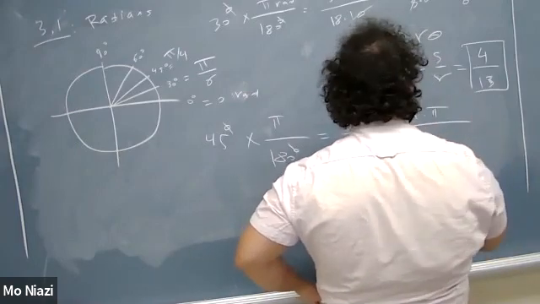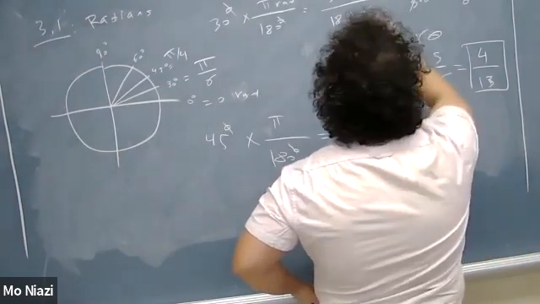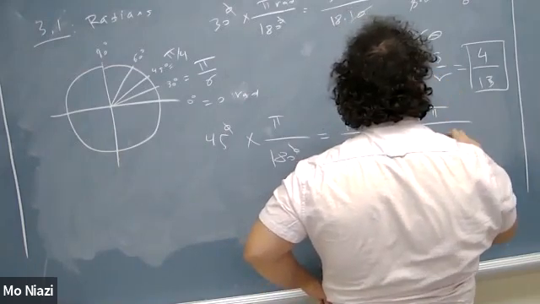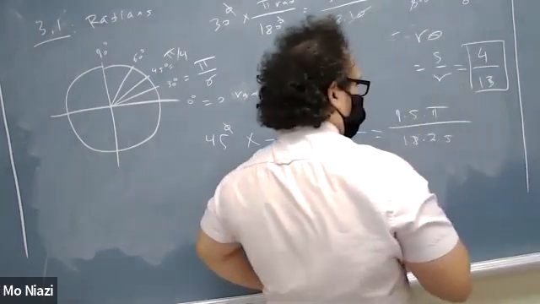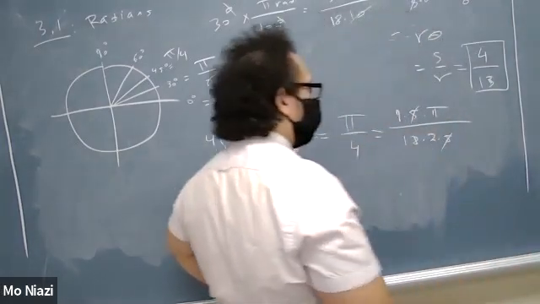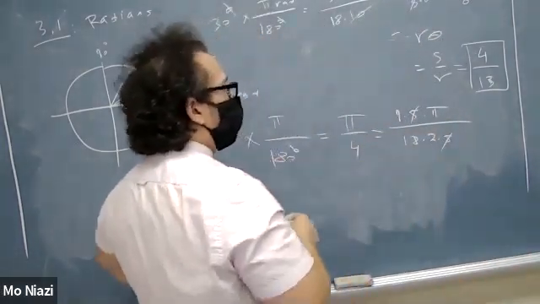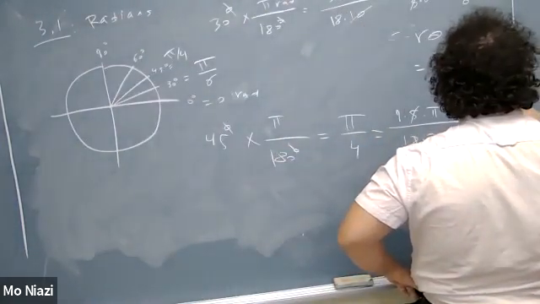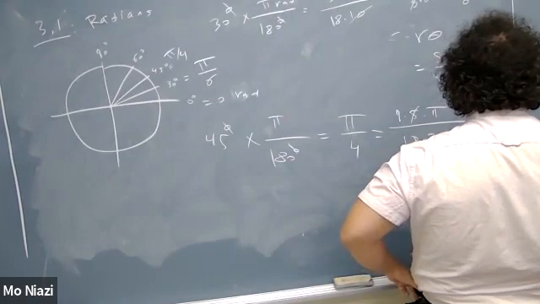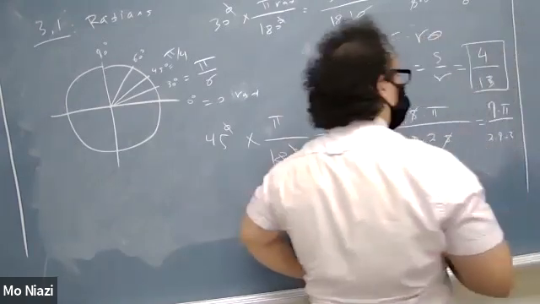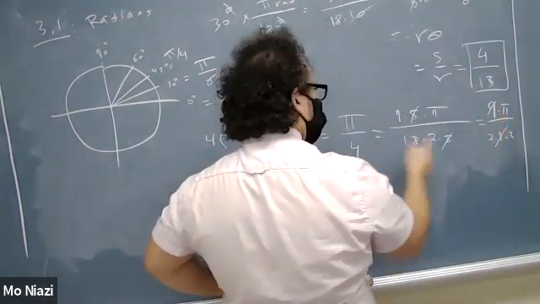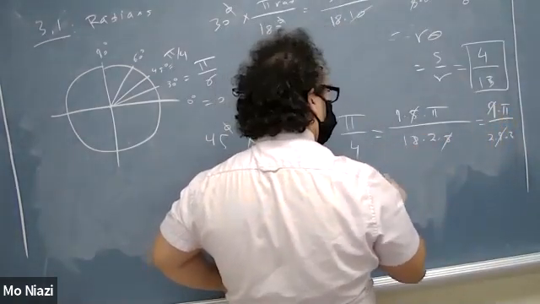What is 180? Again, it's 18 times 10, but that's really 18 times 2 times 5, because 10 is 2 times 5. We can cancel out these 5s here, leaving me with 18 times 2. Well, 18 is really 2 times 9, right? Notice I can cancel out these 9s, and then I get that that's equal to pi divided by 2 times 2.